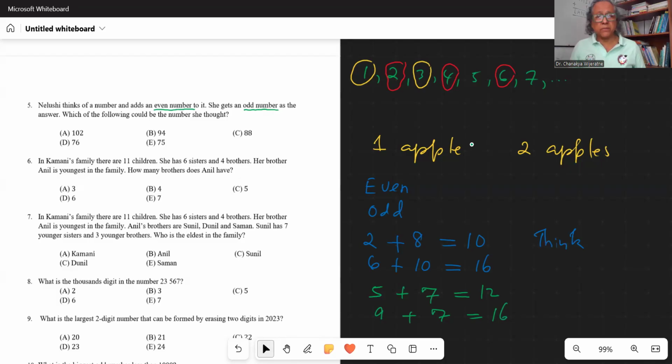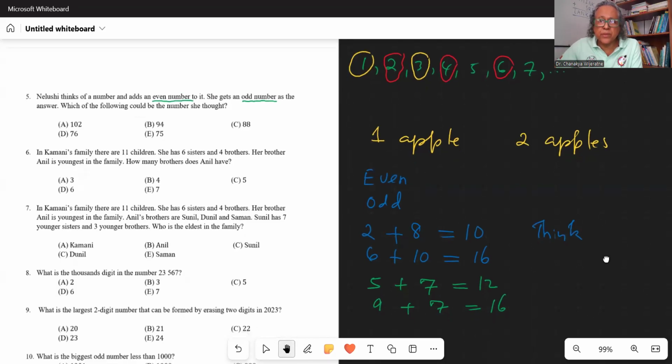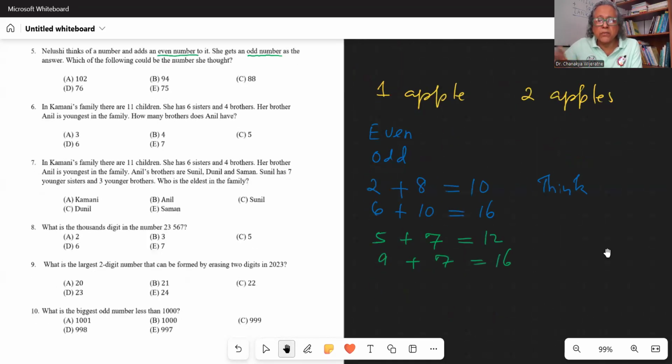If you look at the number of pairs of odd numbers, again, many pairs, and it doesn't matter how many pairs there are. So if you add two odd numbers, you get an even number. Again, that's a rule.